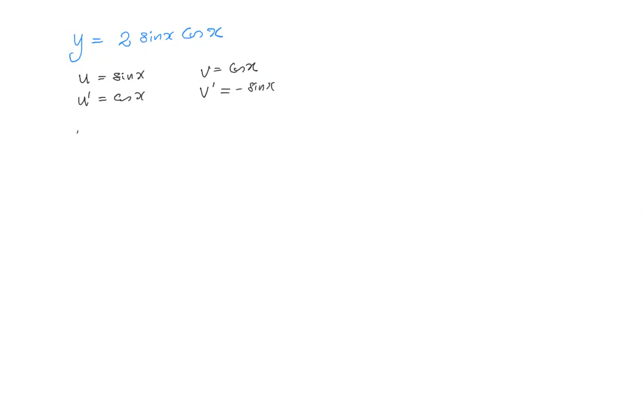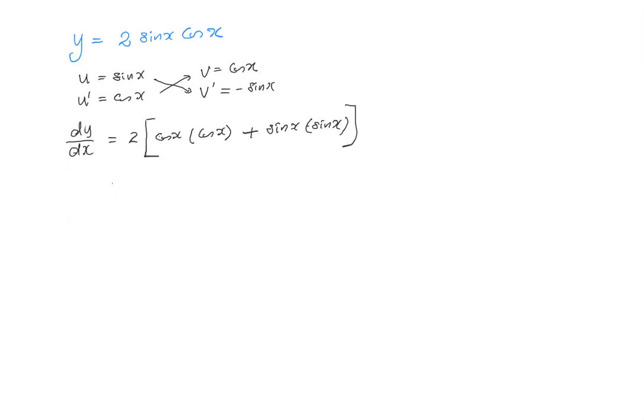So therefore dy dx, put the 2 outside, cross multiply: cosine x times cos x, plus sin x times sin x, negative, okay?